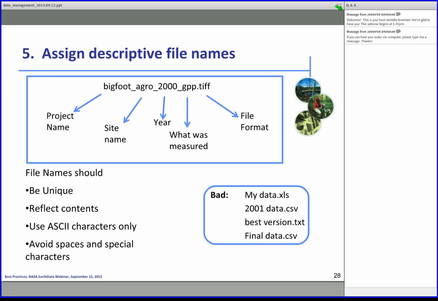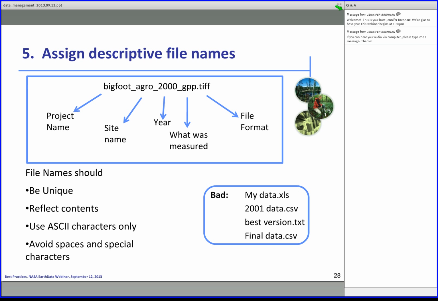I think our hard drives are so big anymore on our PCs and our laptops that you need good file names and good organization in order to be able to find your files. So the rules we have here are that the file name should be unique, it should reflect the contents, and you should avoid spaces and special characters. A lot of your data files will end up on web servers that don't handle spaces very well.